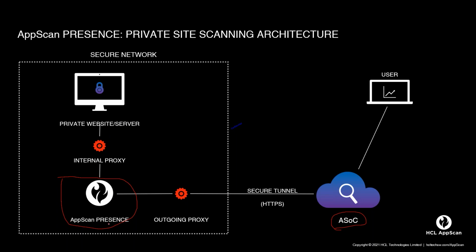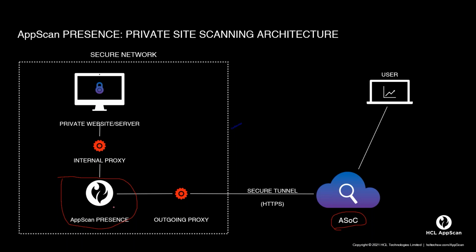The way AppScan Presence works is that it establishes an outbound secure tunnel via the HTTPS protocol to AppScan on Cloud, and it is through that tunnel that the communication between our cloud and your private site takes place.